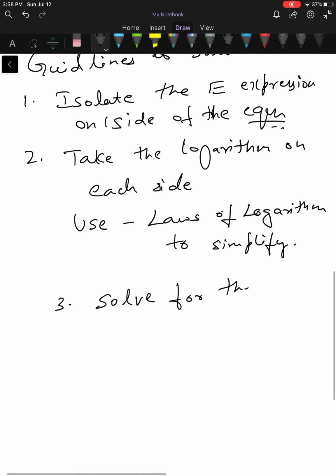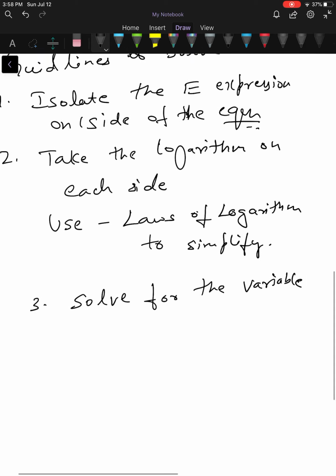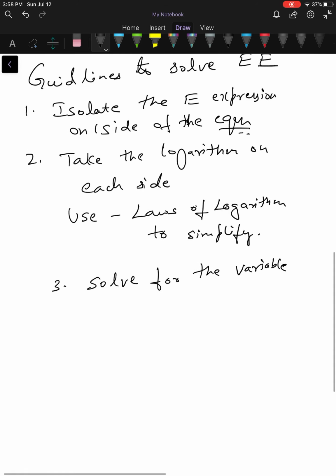And the third step is to solve for the variable. Adopting these three steps, we will solve certain exponential equations. You can use a calculator when you are using log functions of numbers.